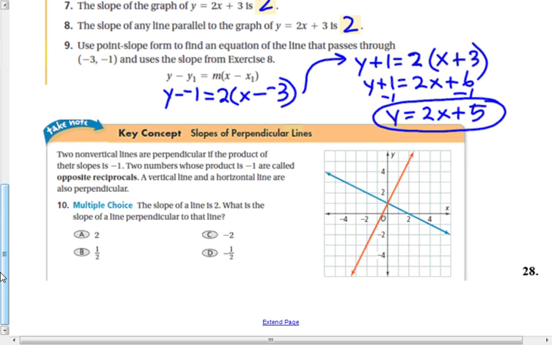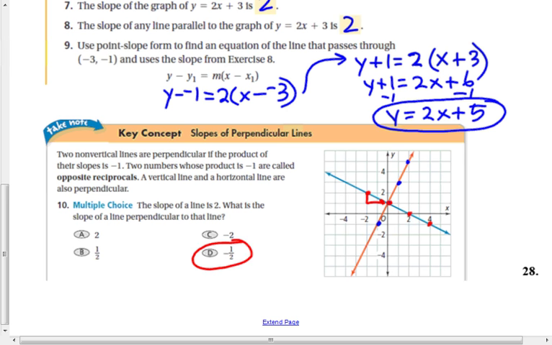So if the slope of a line is 2, like this one, we want the slope of the line that's perpendicular to that, and that's drawn in here. Notice that the slope of that is -1/2. So I'm going down 1 for every 2 I go over.